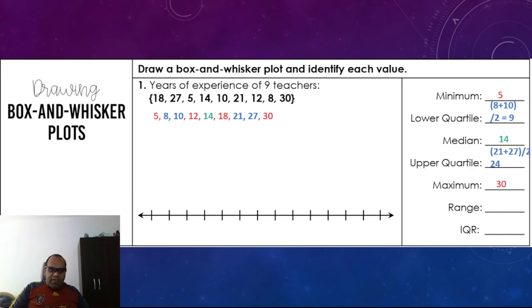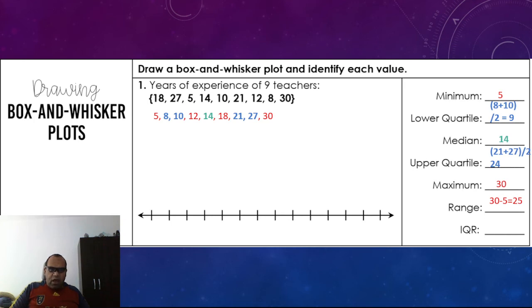And my range, I know, is the difference between the biggest and the smallest. My range over here is 30 minus 5, which equals 25. And my interquartile range, IQR, guys, means interquartile range.